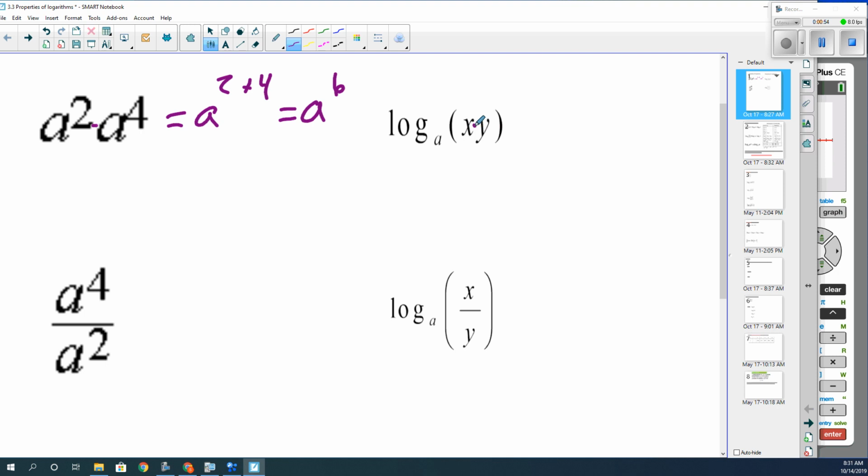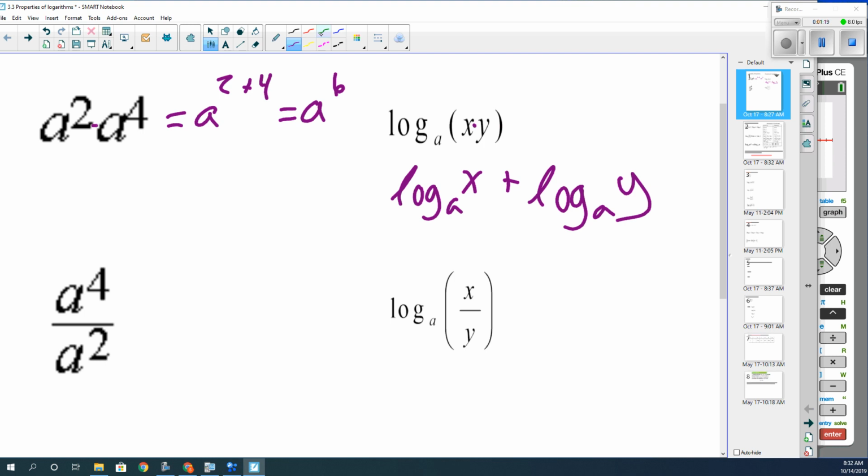So if you wanted to expand this out, you're going to expand it out using addition, just like you did with the exponentials. So then when I write this out, I would have this as log base A of x, and then where that times sign is, instead I'm going to go plus, put another log base A, and then put the y. So with logarithms, we use addition to expand it out.